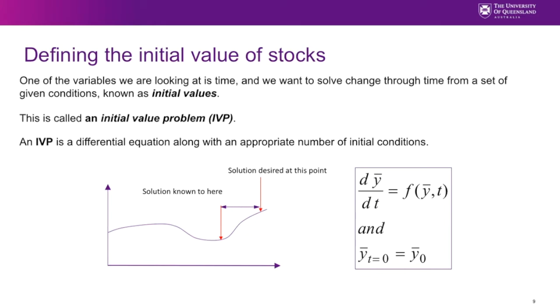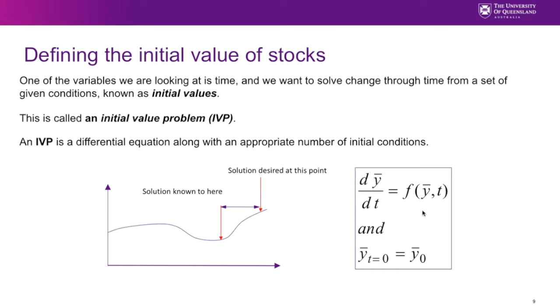So we need to define, and these are called initial value problems, the starting point of the time, and we also need to define the initial condition of the dependent variable, which we call here y.